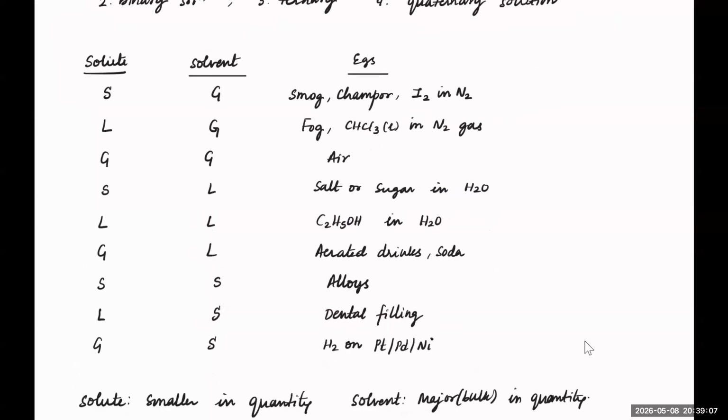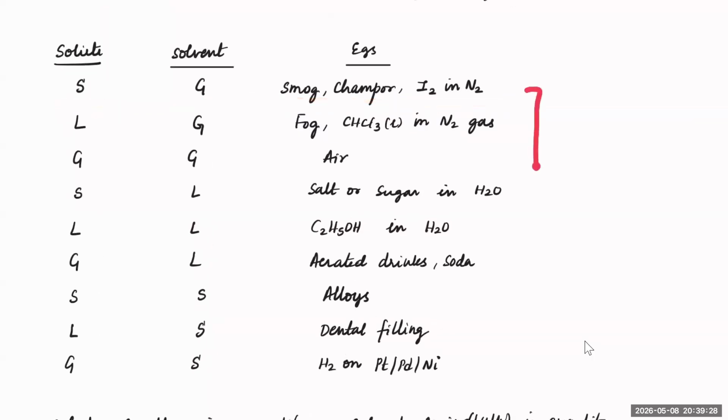How many different types of true solutions you can make depends upon what kind of combination you are taking. For example, if these are all the solvent combinations and these are all the solute combinations, these are all various forms of solutions we can get. Of course, some of these are colloids, some of them are true solutions.